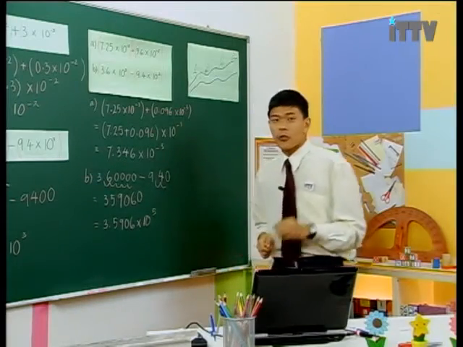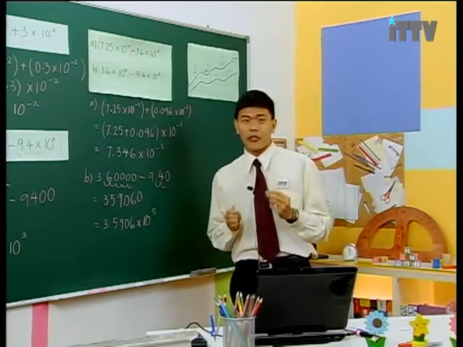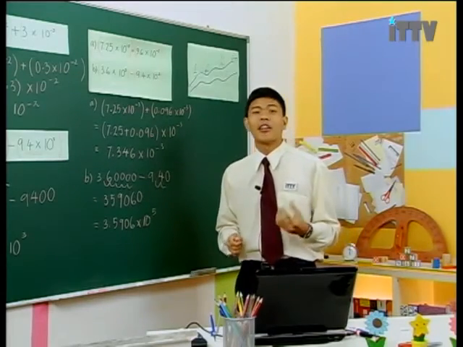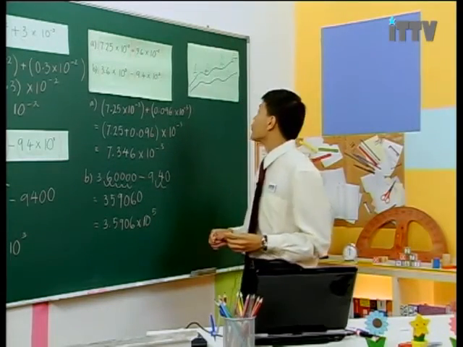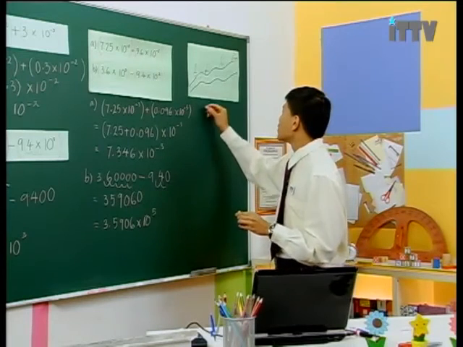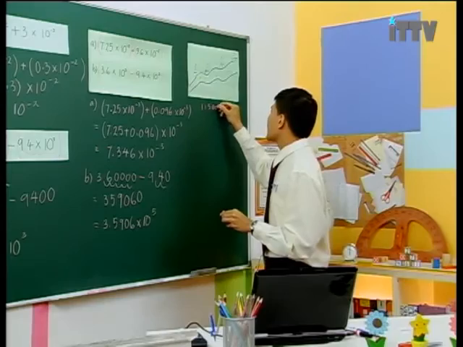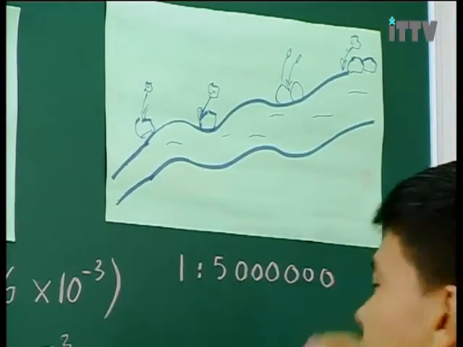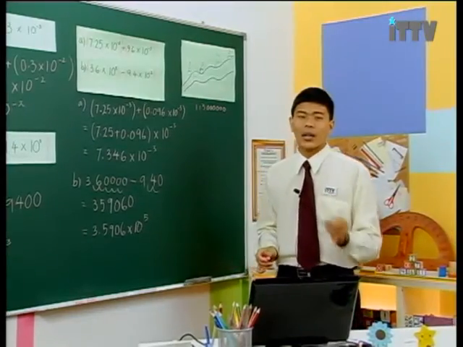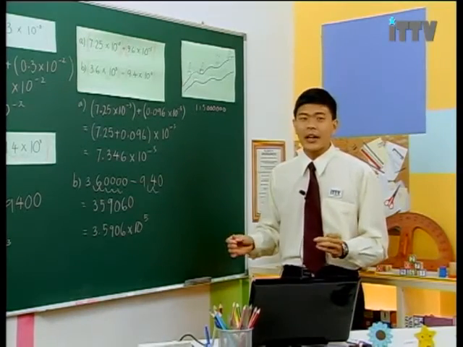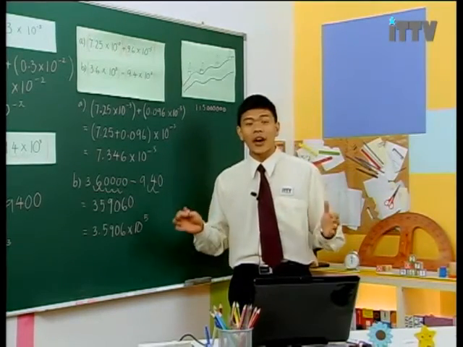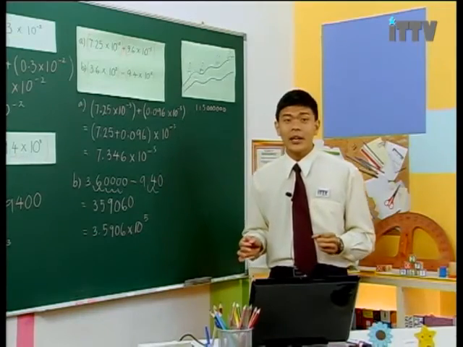Alright guys, now read the question carefully. The length of a river after it has been drawn on a map is 1 to 5 million. So now the scale that is used is 1 to 5 million. What does it mean? This means on the map, 1 centimeter in real life will represent a length of 5 million centimeters.